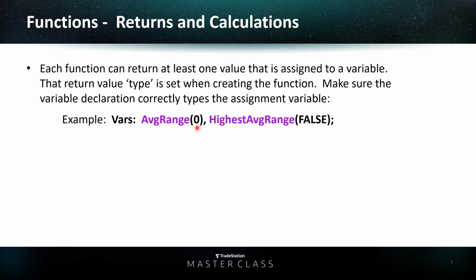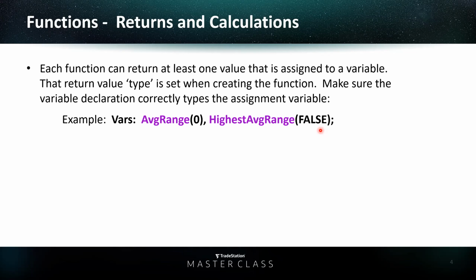The parentheses 0 parentheses just tells EasyLanguage that average range is going to be numeric. The same here for highest average range. Notice that in parentheses, it has the word false. By having the word false, it's going to initialize this variable as a true/false variable.